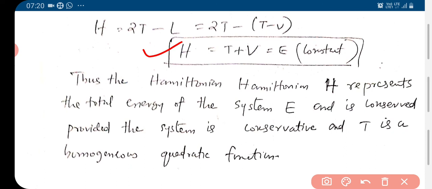Thus the Hamiltonian H represents the total energy of the system and is conserved, provided the system is conservative and T is a homogeneous quadratic function. So for conservative systems, we are taking the Hamiltonian as the total energy T plus V.